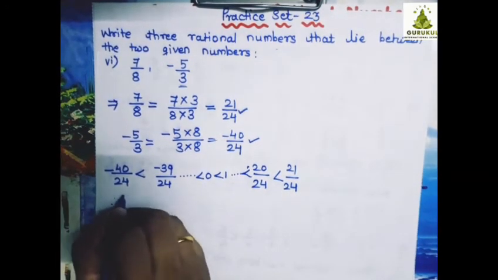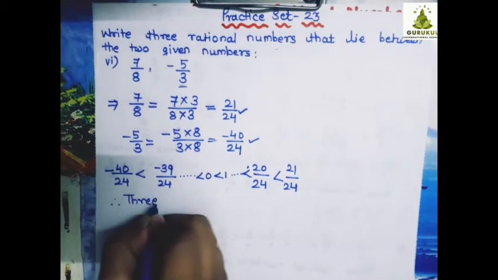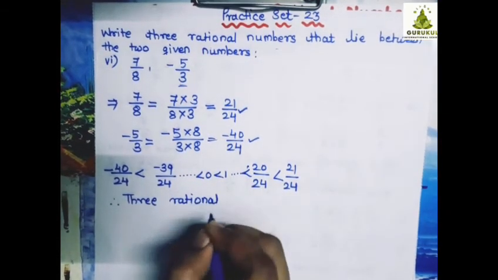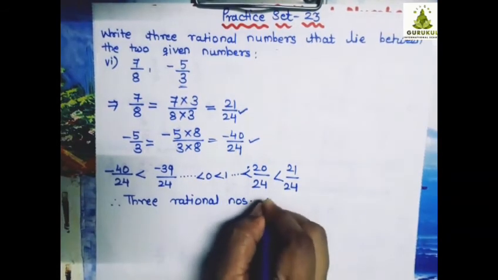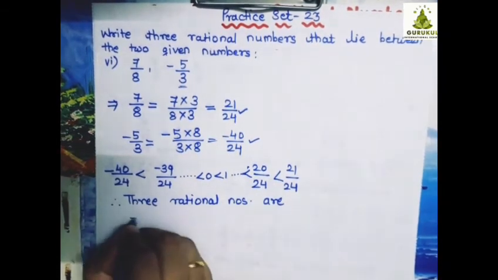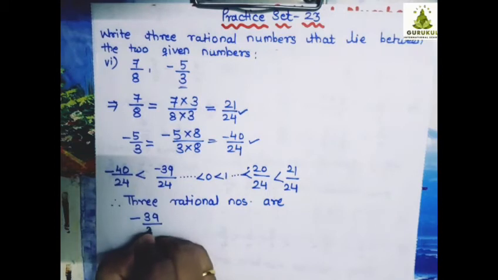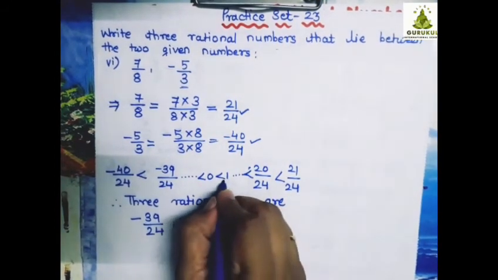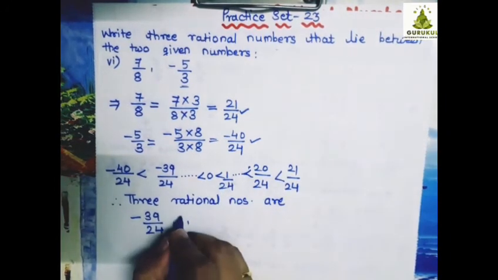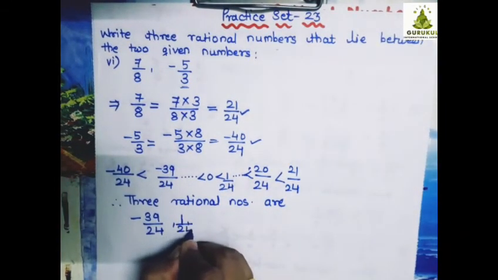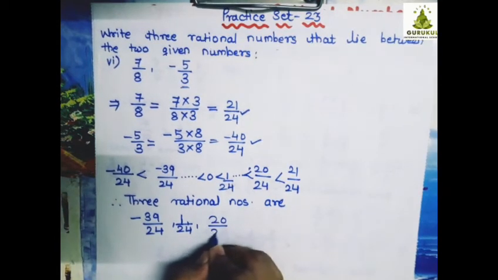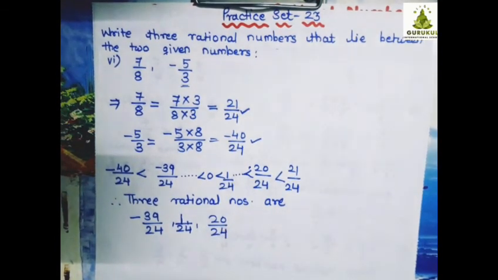So, any three rational numbers we can write. I am writing minus 39 upon 24, 1 upon 24, and the final one I can write 20 upon 24. So, this is how we have to find.